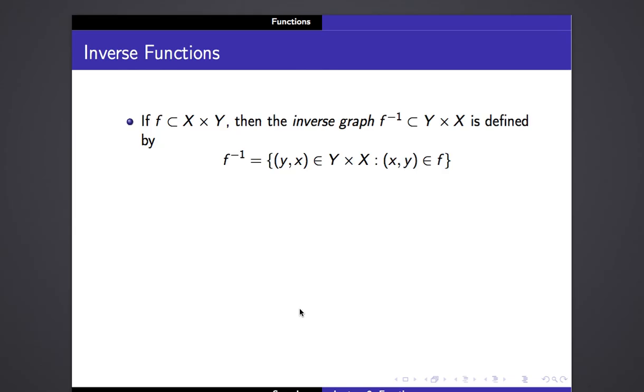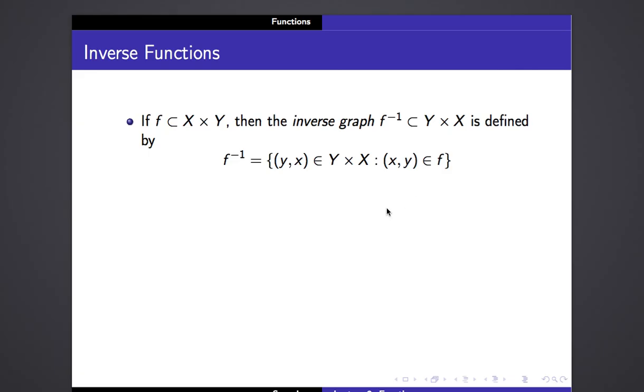If f is a subset of the Cartesian product of x and y, in other words, f is a graph, then the inverse graph, denoted by f inverse, which is also a graph, is a subset of the Cartesian product y cross x, defined by f inverse equals the set of ordered pairs (y, x) in y cross x such that the ordered pair (x, y) is in f.